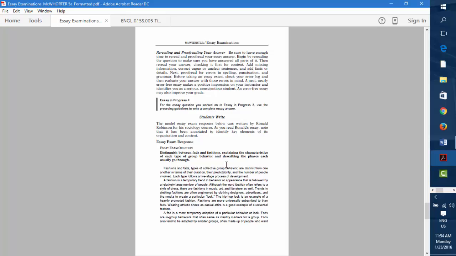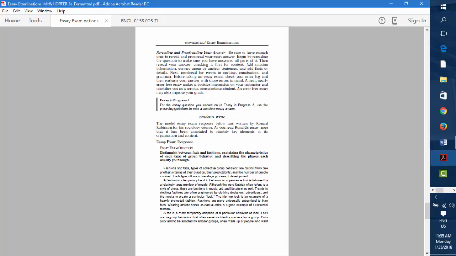And when she talks about leaving enough time to reread and proofread your essay answer, what I would suggest also with this is to mark places as you go along that you want to revisit or that you think might be problematic.